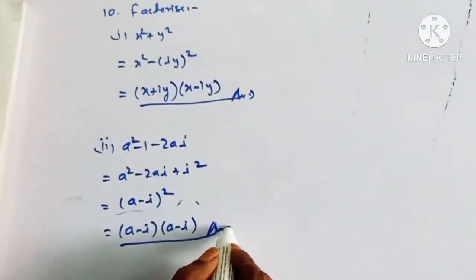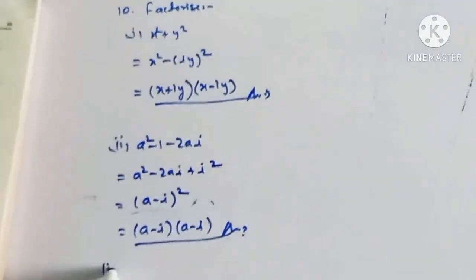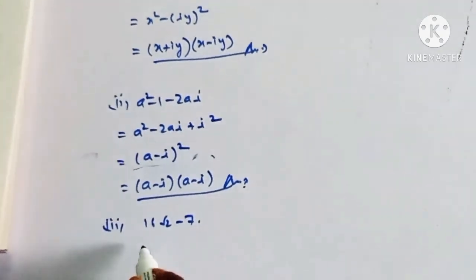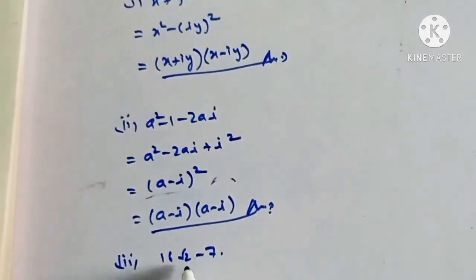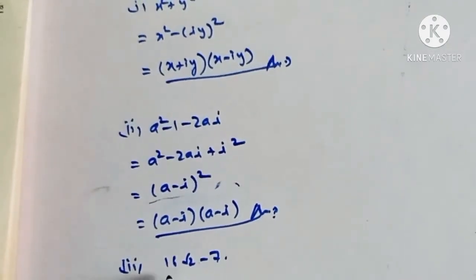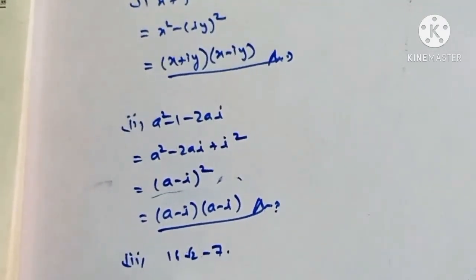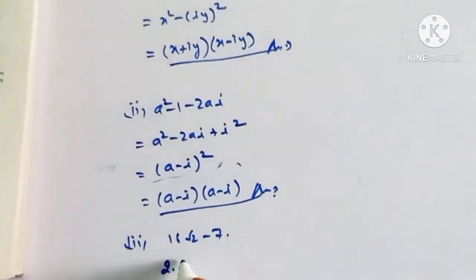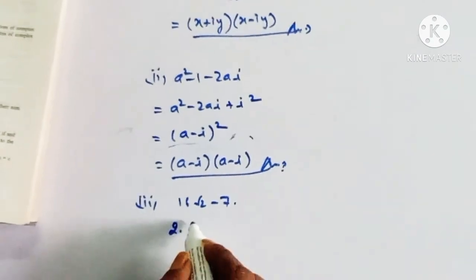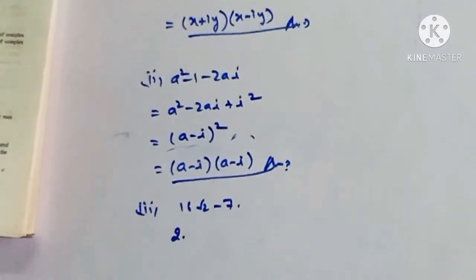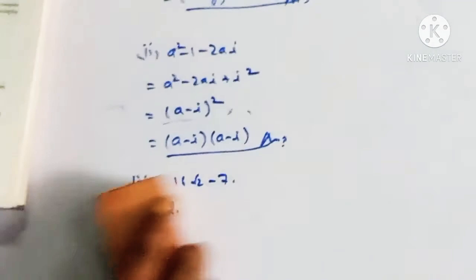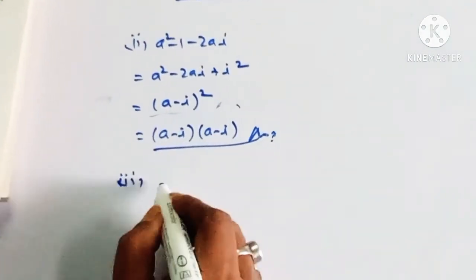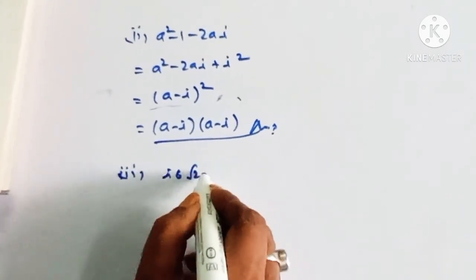This is your answer. Now the third, it is 16 root 2 minus 7. So here you see, it is not 16, it is i 6 root 2 minus 7.